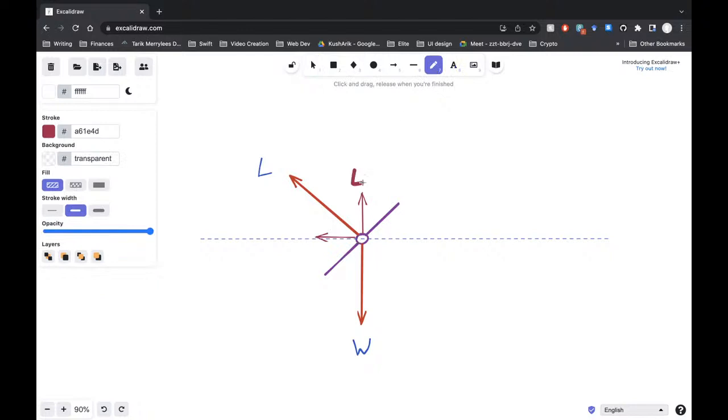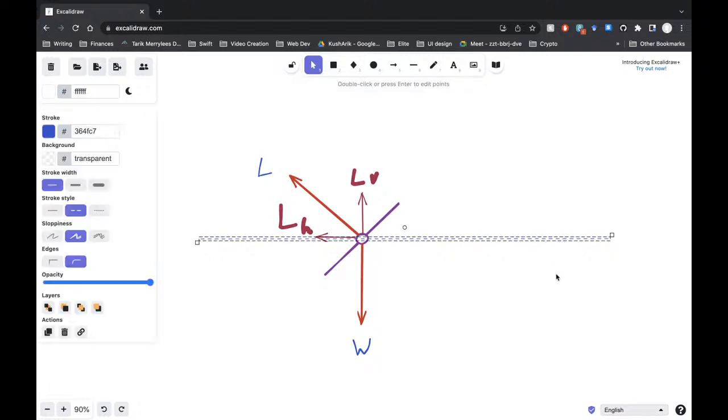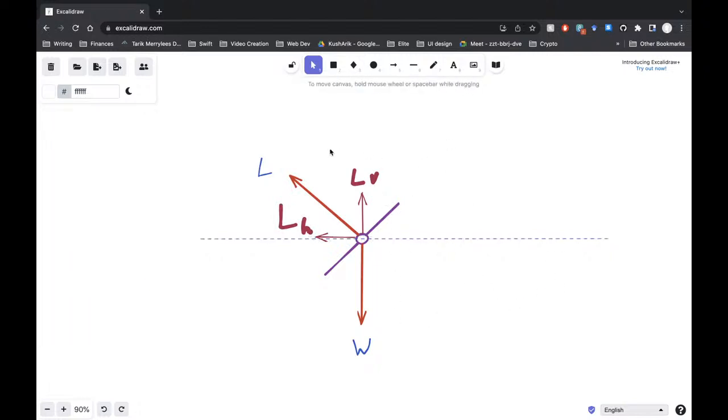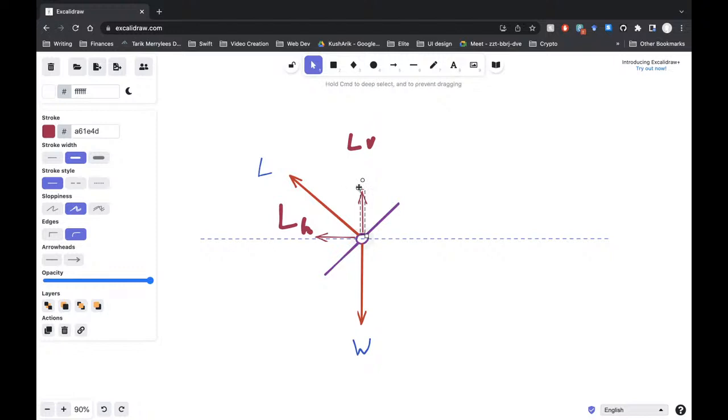Yes. So you've got lift vertical, and then we've got lift horizontal. If we want the aircraft to maintain level flight, this will have to be equal to this. Does that compute? Sure. So lift is going to have to be greater than weight.